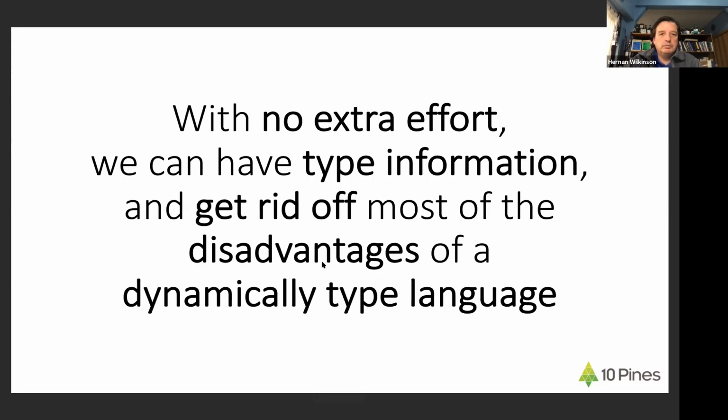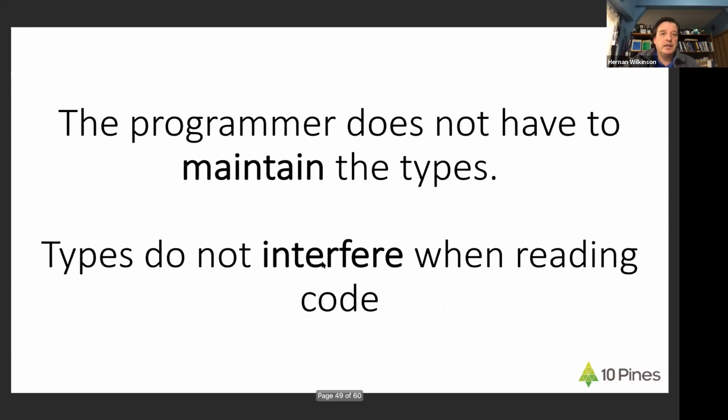So as a conclusion, we know now we can have type information and get rid of most of the disadvantages that we usually have when working with dynamically typed languages: the fake polymorphism, too many senders, too many implementers, and those kinds of things. And something I like about this is that you don't have to do anything.